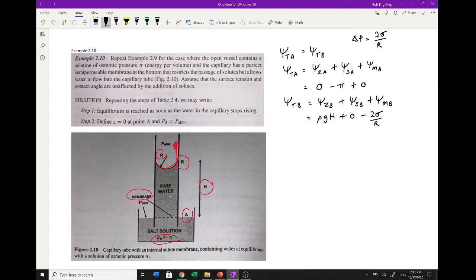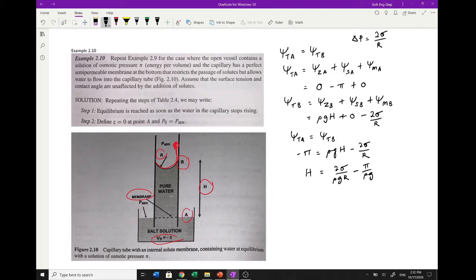Okay, so let us equate the total potential of point A with the total potential of point B. So we get negative pi equals rho g h minus 2 surface tension divided by R. So the h here is given by 2 surface tension over rho g R minus pi over rho g.